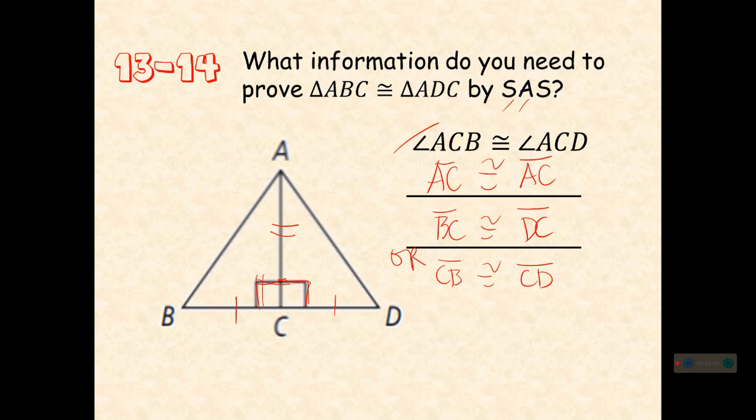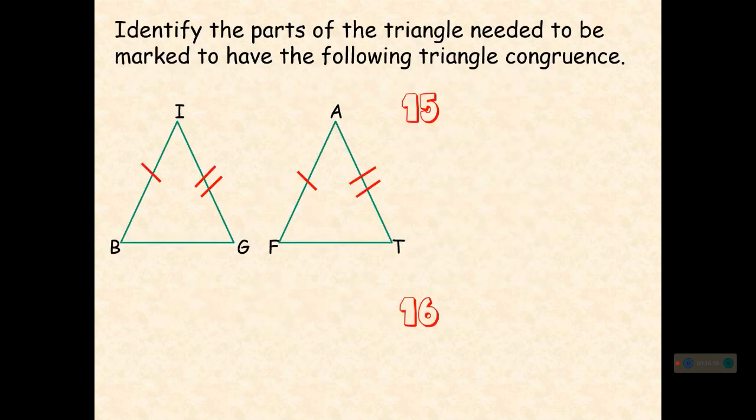Okay? Next, number 15. Identify the parts of the triangle needed to be marked to have the following triangle congruent. So we have here the two triangles. So we have triangle BIG and triangle FAT.